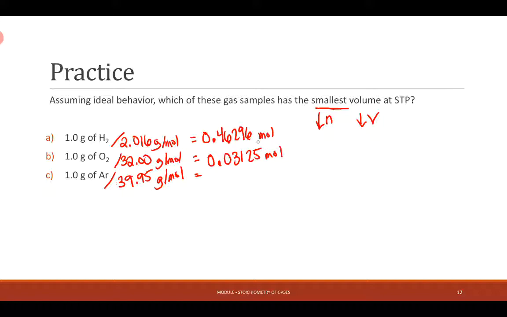That's even smaller. And then our last one is the smallest of all. So this one is going to have the smallest volume at STP because it has the smallest number of moles.